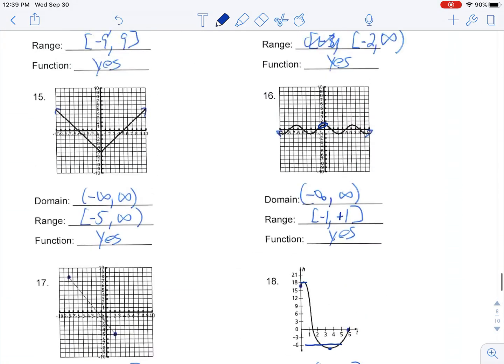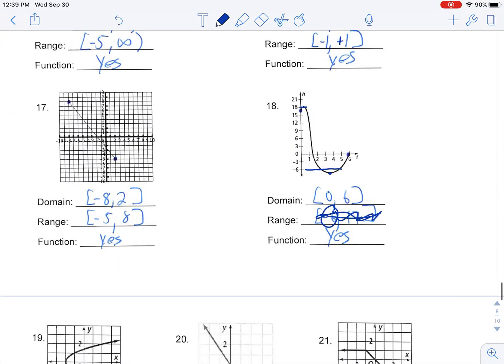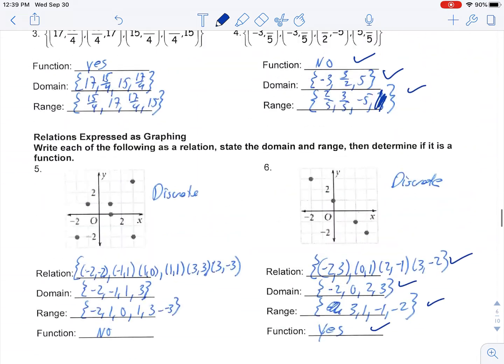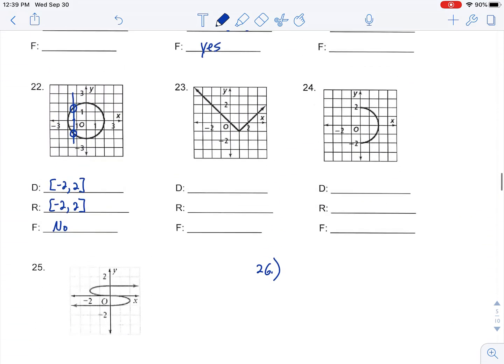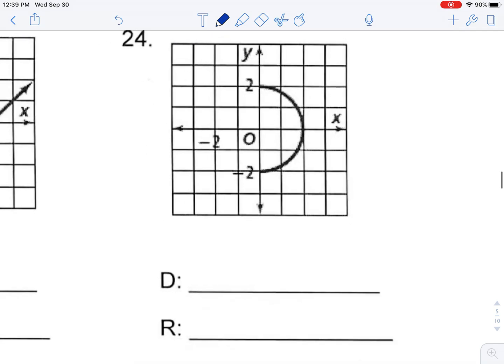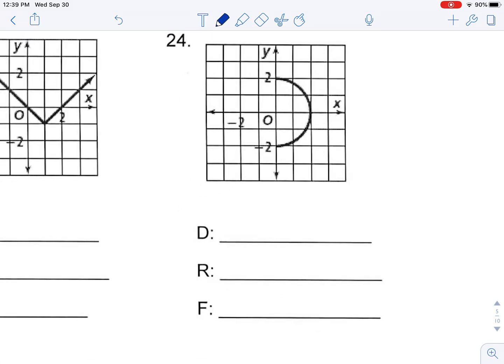Let's look at 24 together. Okay, so this is a half circle. Domain, remember, is left to right. This point is the furthest to the left that it goes, and that is the origin. So it looks like 0 is as far to the left, but again, +2 is as far as it goes to the right.